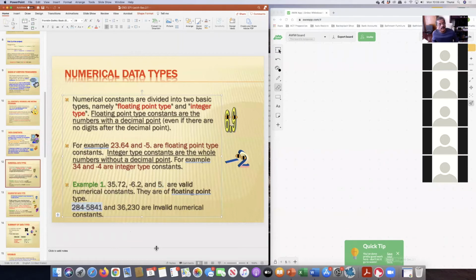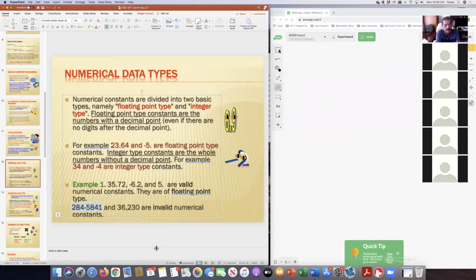And 284-5841 is invalid as a numerical constant because of the dash. It cannot be used as data. You will be learning in 272 how to use a long character string as data.